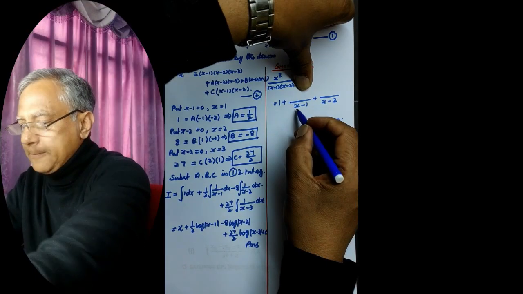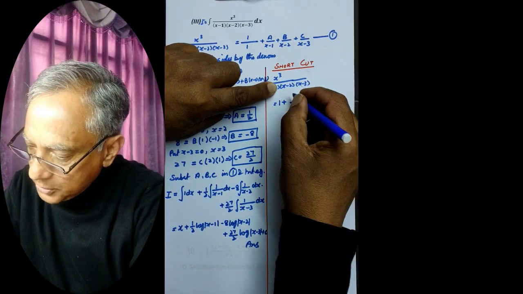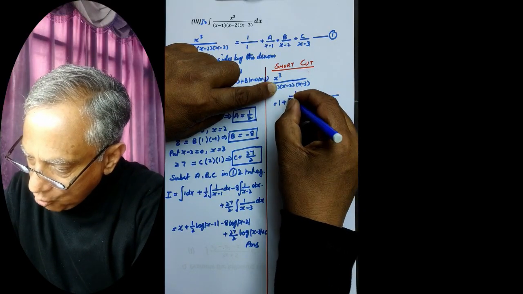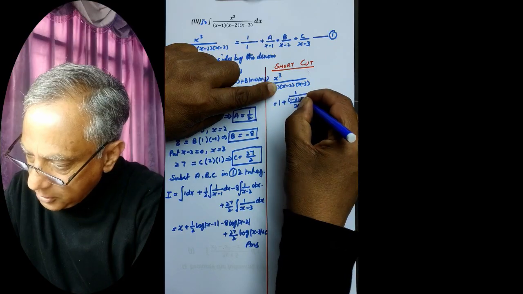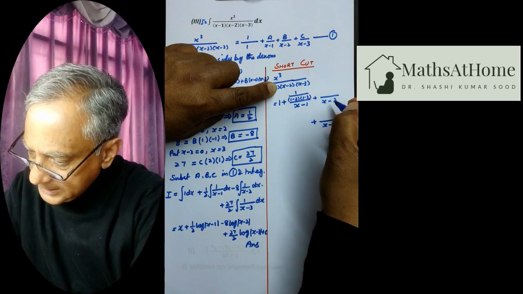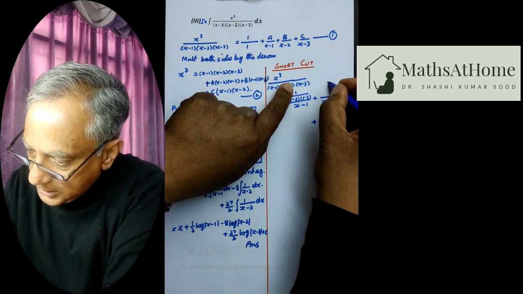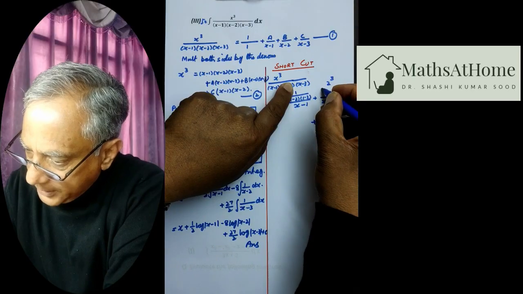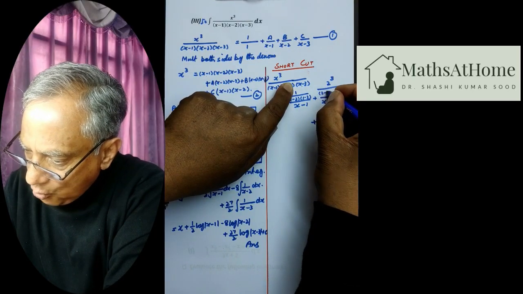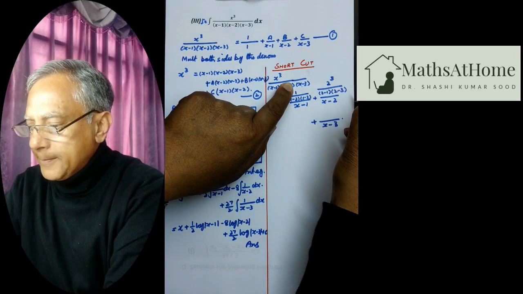So for this, hide x minus 1 and put x equal to 1 in the rest. So this will be 1 cube, that is 1 over 1 minus 2 into 1 minus 3. For this, hide this and put x equal to 2 in the rest. So this is 2 cube over 2 minus 1 into 2 minus 3.